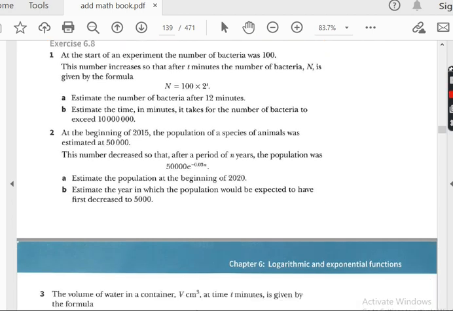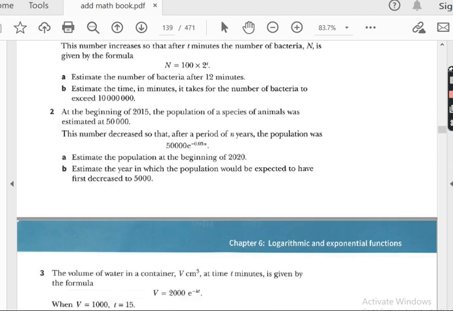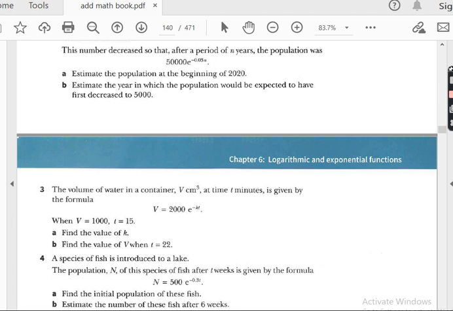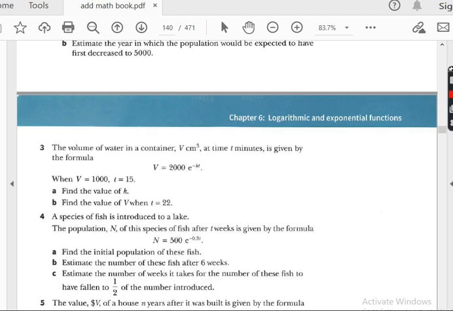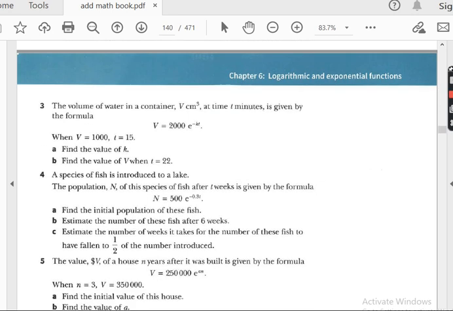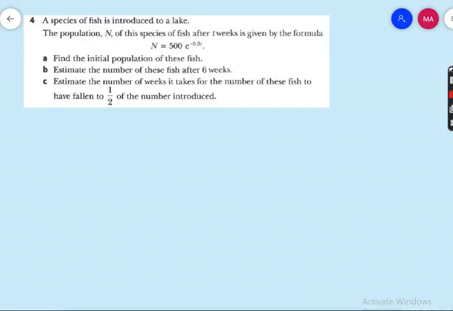Question number 2 is related to the population of animals, just like you can say uses in zoology. Question number 3 is related to mensuration, and question number 4, which we are doing, is related to biology or zoology.